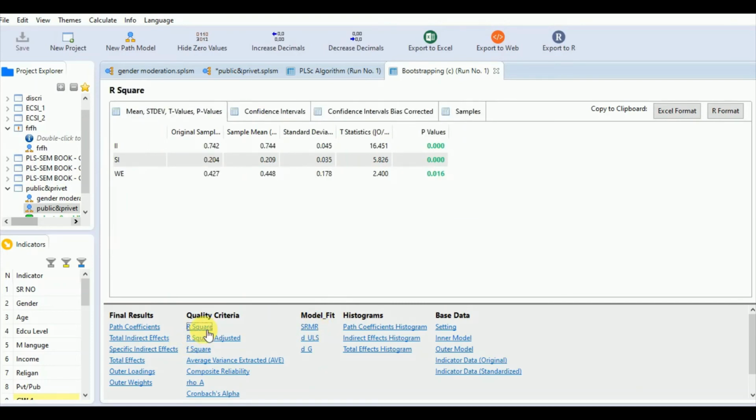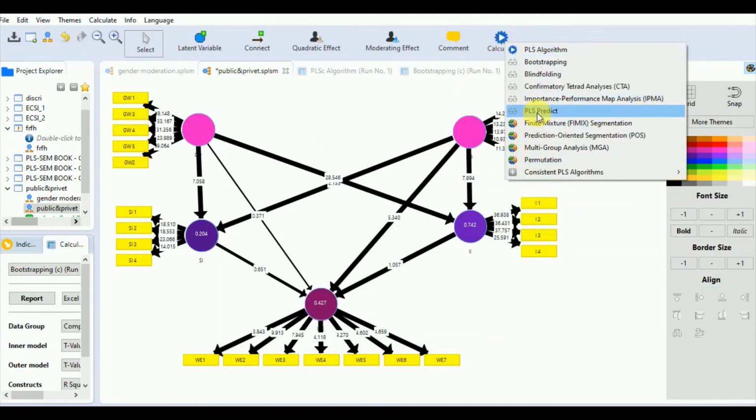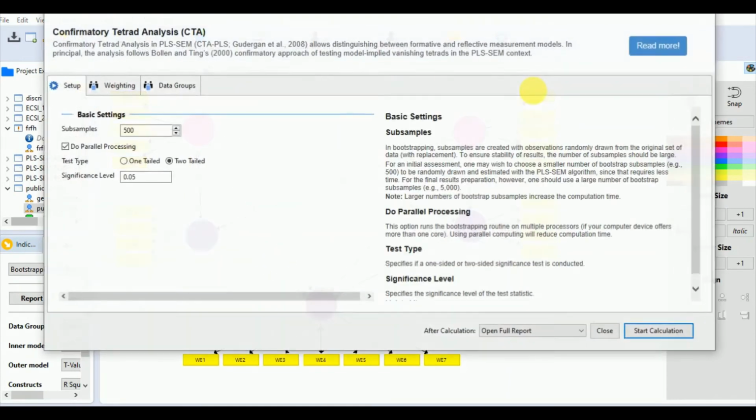In SmartPLS we have the option for confirmatory tetrad analysis. This confirmatory tetrad analysis relies on the concept of tetrads that describe the difference of the product of one pair of covariances and the product of another pair of covariances, as per Bollen and Ting 2000.